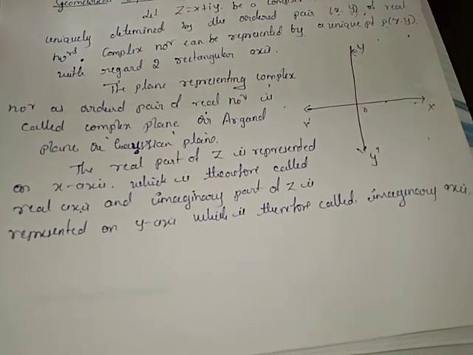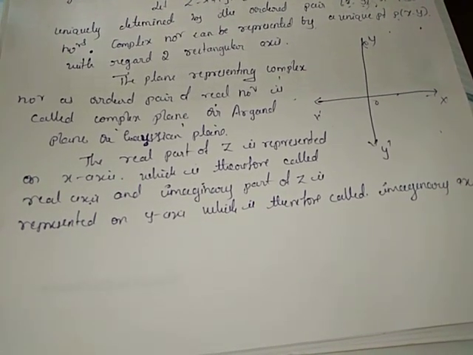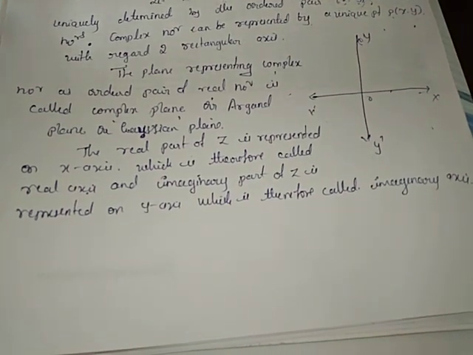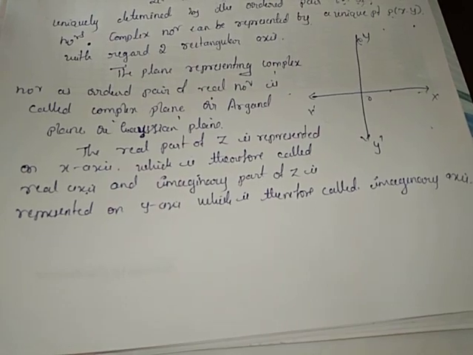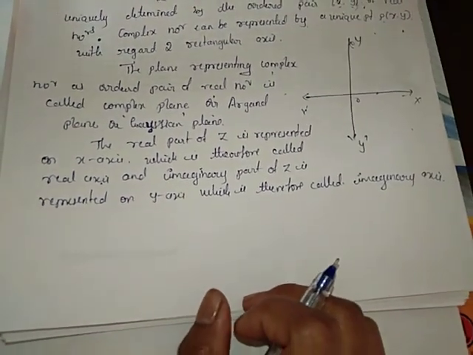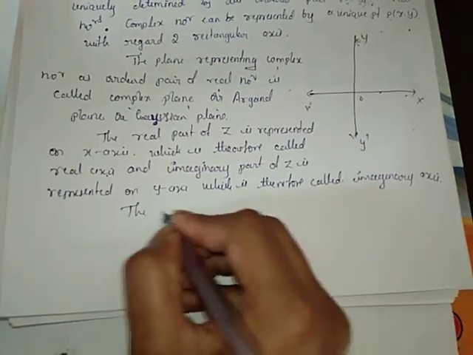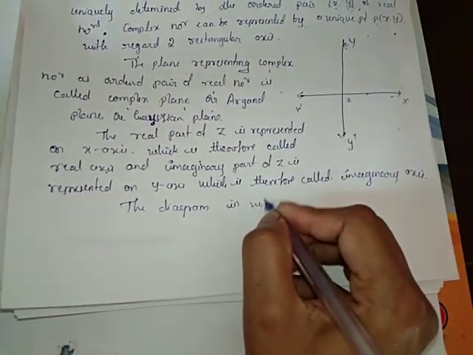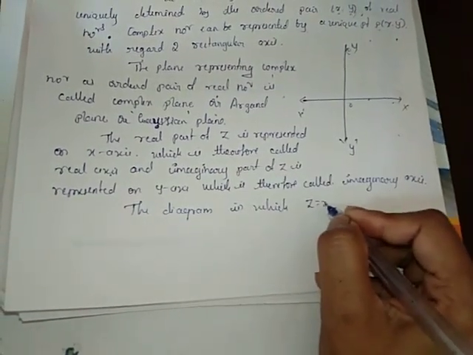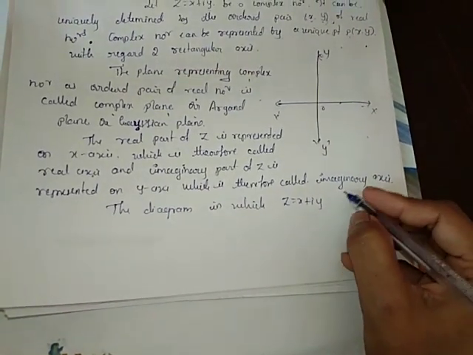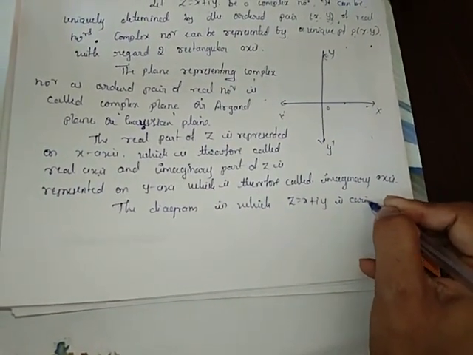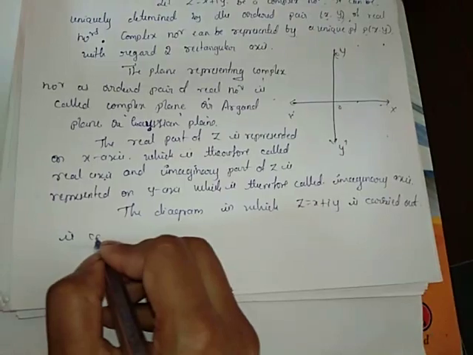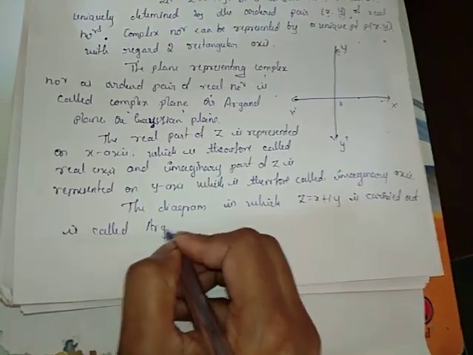So in the complex number, we represent the real part on the x-axis and the imaginary part on the y-axis. Therefore the x-axis is called the real axis and the y-axis is called the imaginary axis. And the diagram in which z equal to x plus iy is carried out is called an Argand diagram.